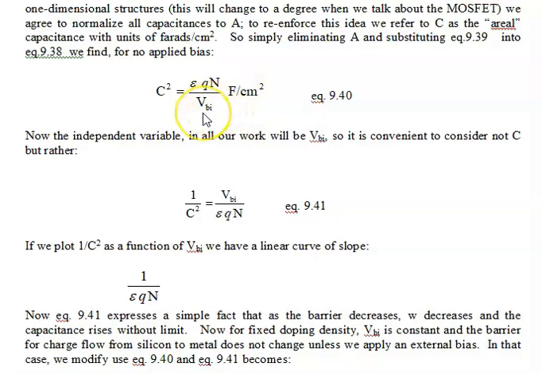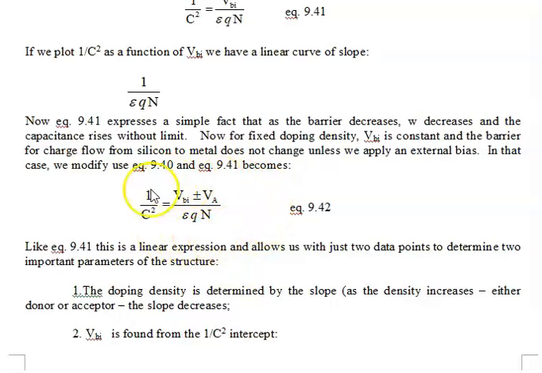So we want to get this as a linear function of the applied bias, so what we do is we flip it. So 1 over C squared, we just flip this on its edge. Numerator becomes denominator, denominator becomes the numerator, and this is the full expression, equation 9.42. So we have 1 over C squared as a linear function of the applied bias VA.